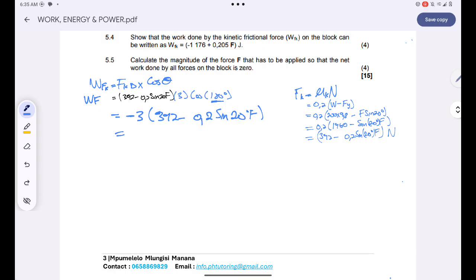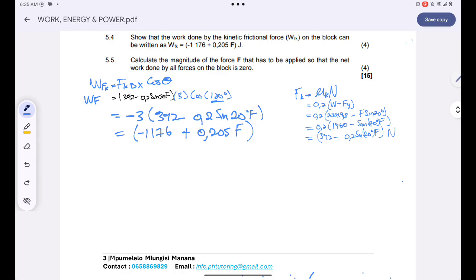Negative 3 times 392 will simply get negative 1176, and then negative 3 multiplied by negative 0.2, also multiplied by sine 20 degrees, will give me 0.2052. It can be written as 0.205, and then we still have an f there. So all this is the magnitude of work done by friction.